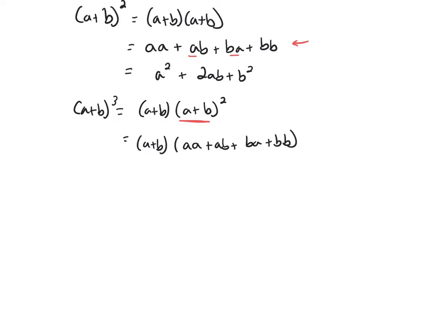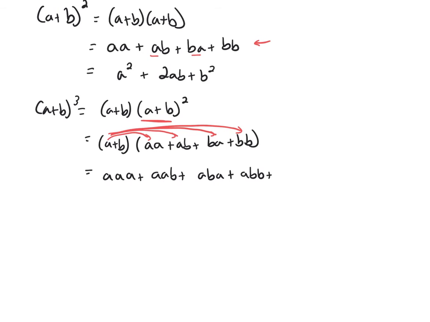So distribute this a to these four terms and do the same thing with b as well. Here you're going to get AAA, AAB, ABA, and ABB. And then repeat that, but now distribute b out. If I distribute b to these four terms, you would get BAA, BAB, BBA, and BBB.